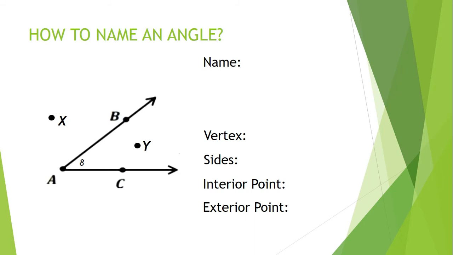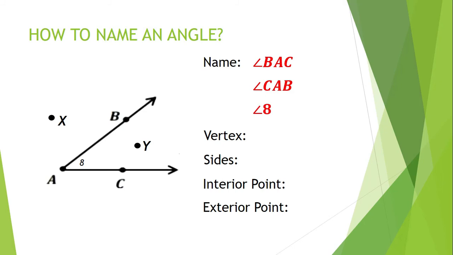How do we name an angle? For example, in this figure, you can see an angle with points B, A, C, and a number 8, and a point Y and point X. We can name this angle as angle BAC, angle CAB, or if given a number, then angle 8.